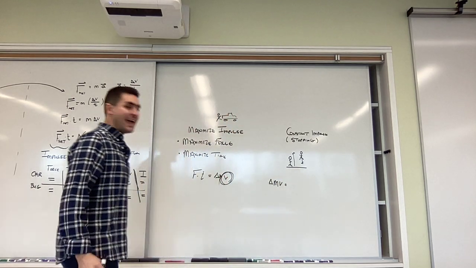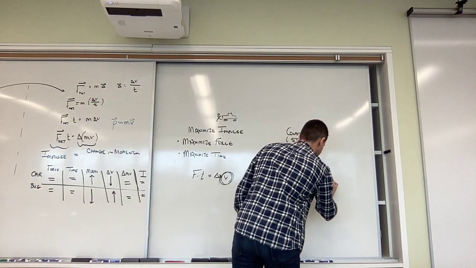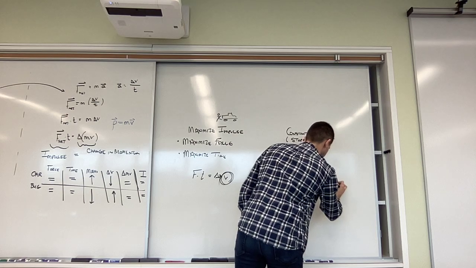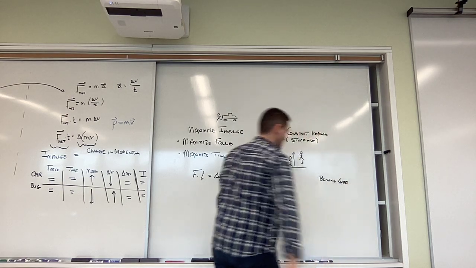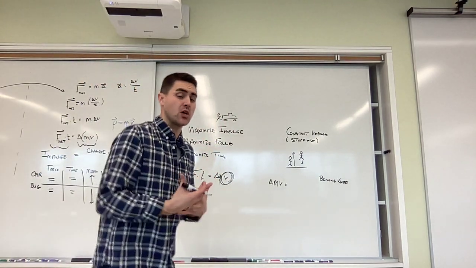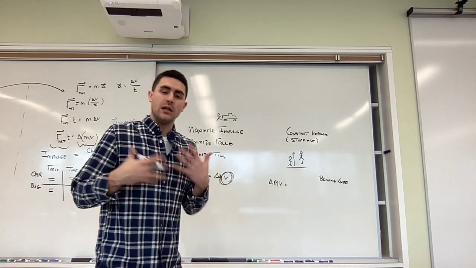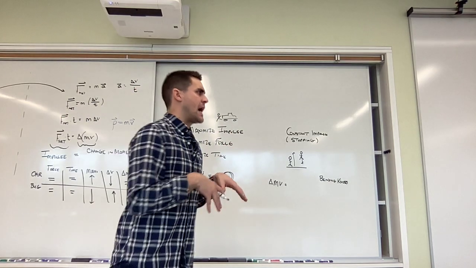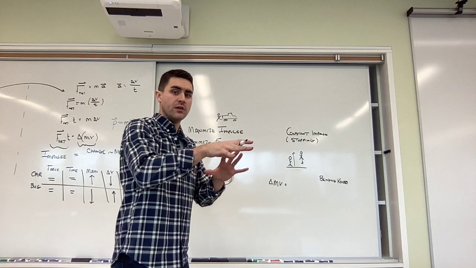If I think about bending my knees, what am I doing? Well, the time it takes for me to go from moving in the air to stopping on the ground increases. The time it takes me to come to a stop while I bend my knees is longer. I'm moving down still.